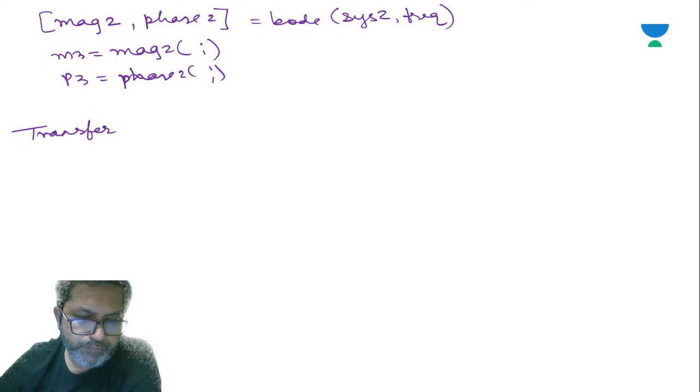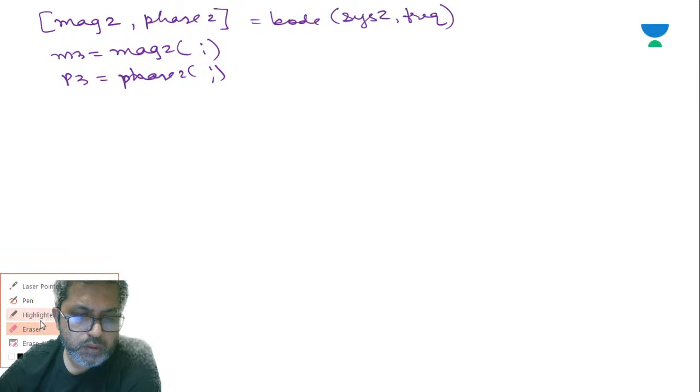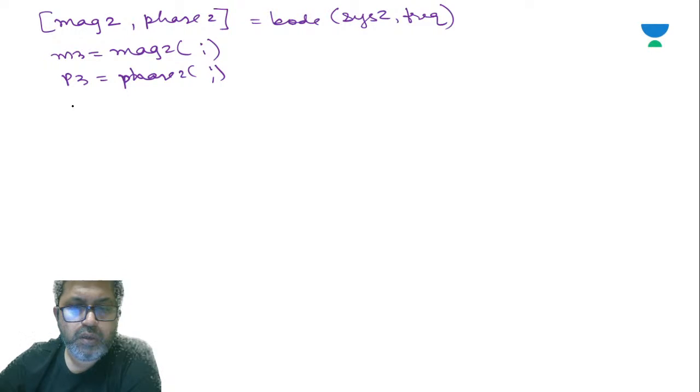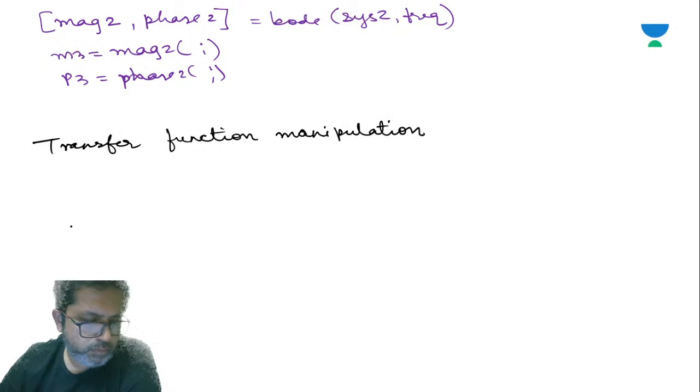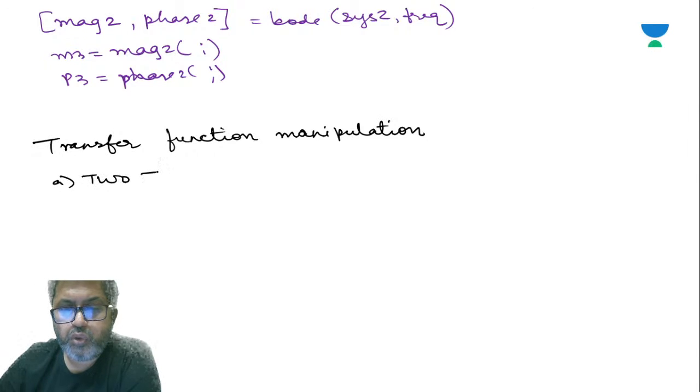Next one is transfer function manipulation. Okay. So part A, two transfer functions in series.